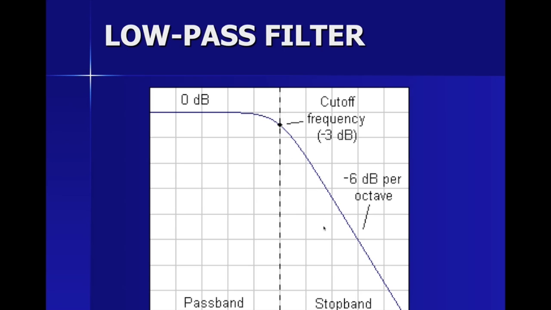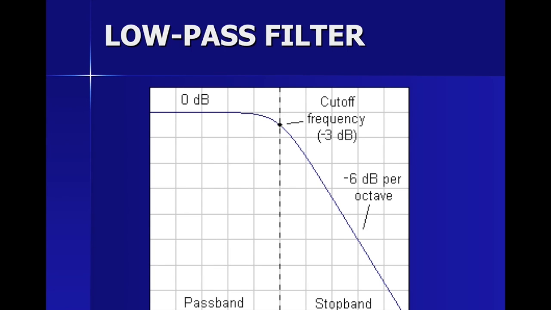But we can vary the amount of slope, and it's usually measured in dB per octave. A filter that has a pretty gentle slope would have -6 dB per octave. That means for every octave in frequency, the frequencies are reduced by 6 decibels. We also have -12 dB per octave and -24 dB per octave.